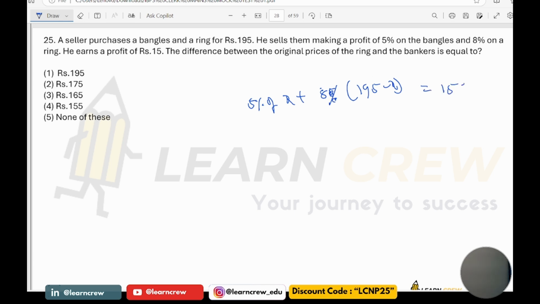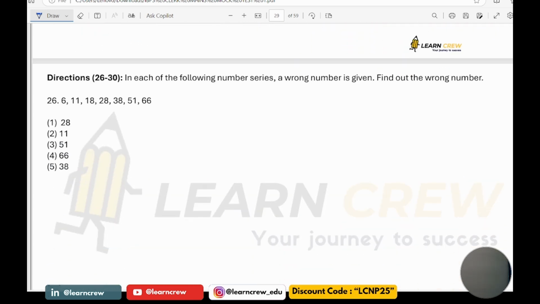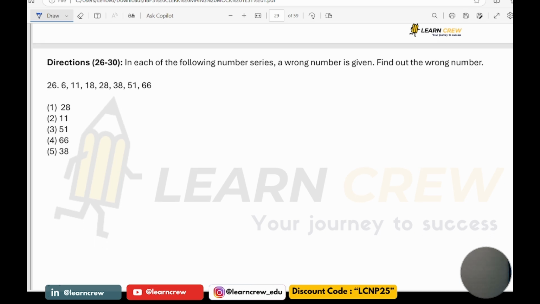If you simplify this, I will get X as 20. So the cost price of the bangles is 20. Thereby the cost price of the ring is 175. So the bangle is 20, the ring is 175. The difference is 155.